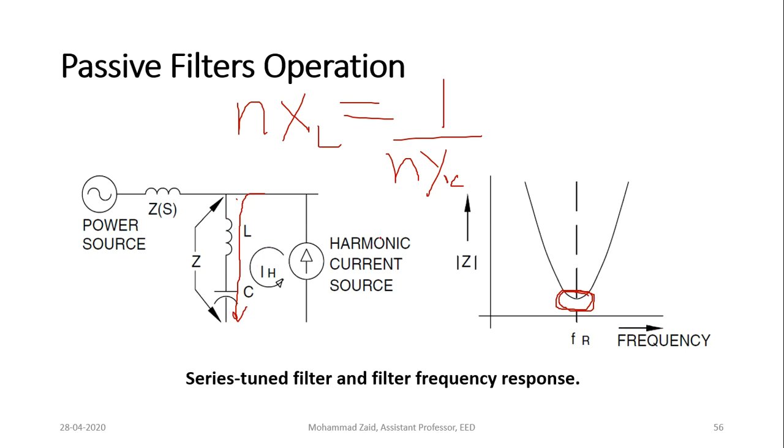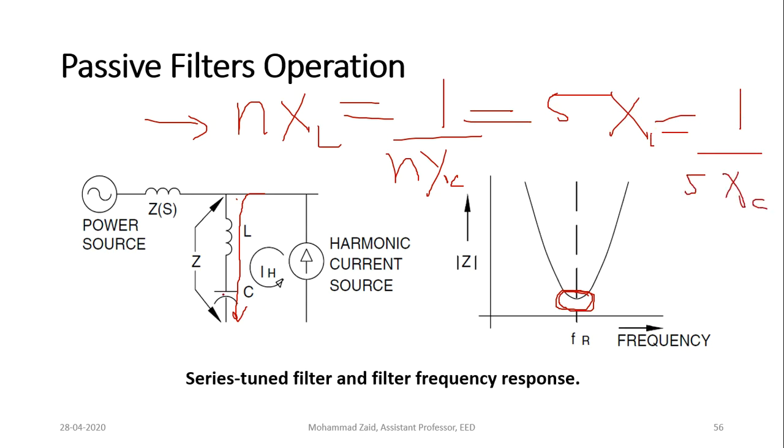So if the fifth harmonic is coming into the system and the branch is resonated by this formula, that means if you have designed it so that 5 times XL is equal to 1 over 5 times XC, then this branch will act as a short circuit and all of this harmonic current will go into the ground and it will not be reaching your source.